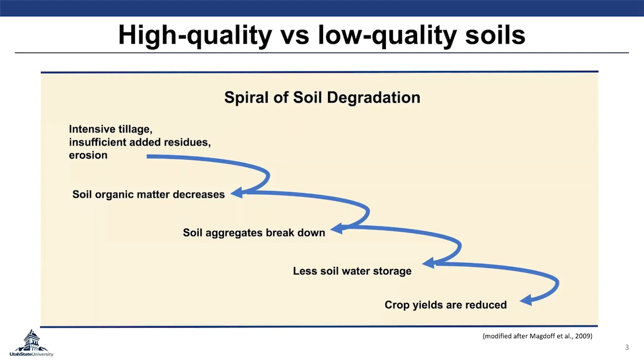And so it continues down the spiral of decreasing soil organic matter. You lose your aggregates and decreasing your soil water storage. And eventually all of these just really contribute to decreasing yields that you'd see over time. And so the idea with looking at soil health is really, how do we prevent these steps from continuing down and degrading our bottom line?